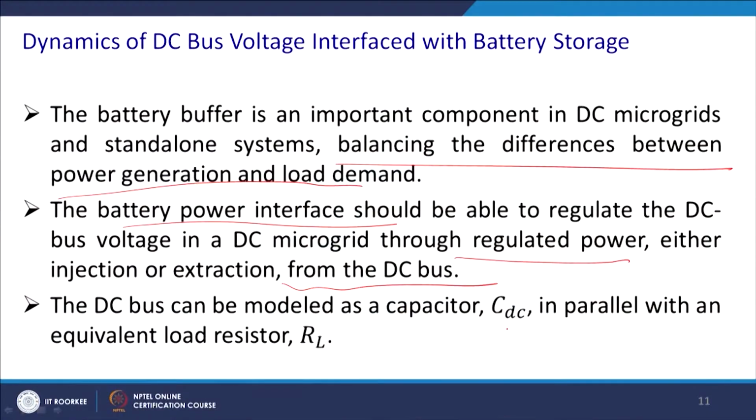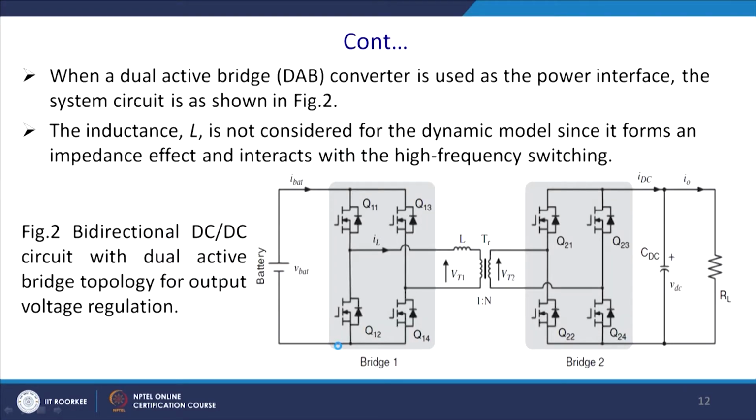And thus the DC bus can be modeled as a capacitor C_DC in parallel with an equivalent load resistor R_L. That is the way we can model it for the microgrid application. Now, this is an active bridge converter. We can have a bidirectional flow of power if required.